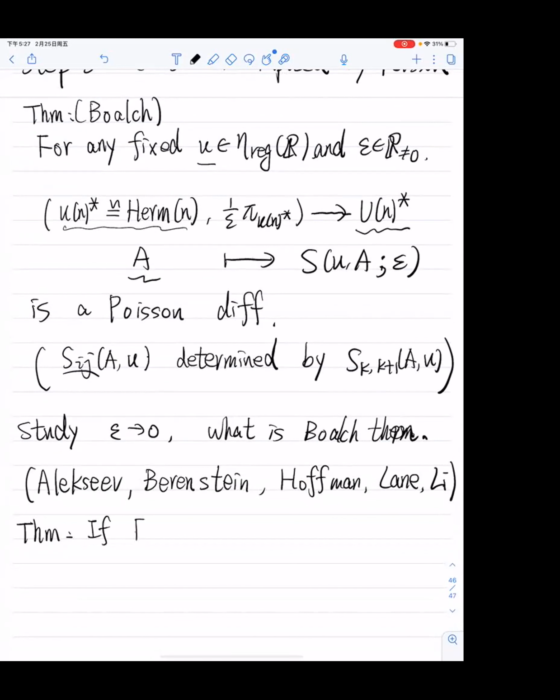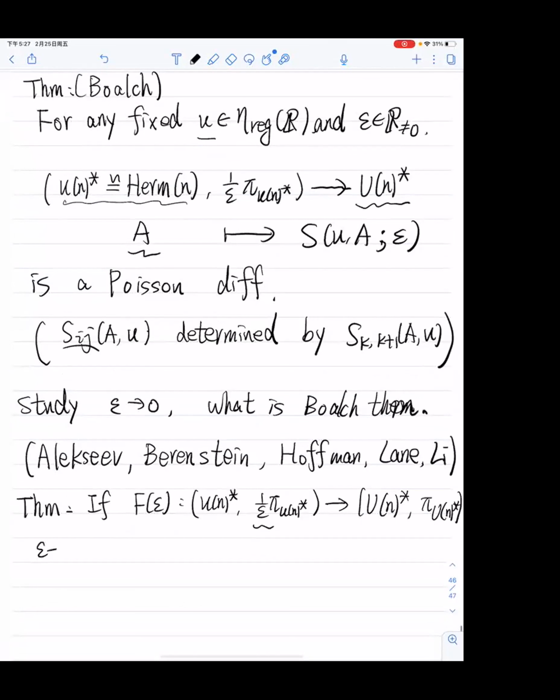If you have any diffeomorphism from U(n)*, which is isomorphic to the space of n by n Hermitian matrices with a canonical linear Poisson structure rescaled by epsilon, if you have any Poisson diffeomorphism, so this is a family of Poisson diffeomorphisms.